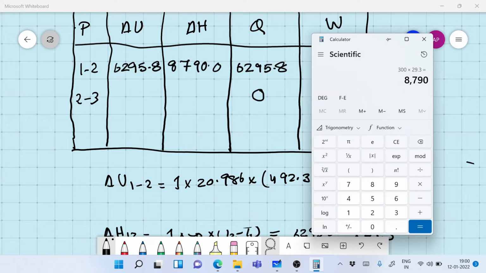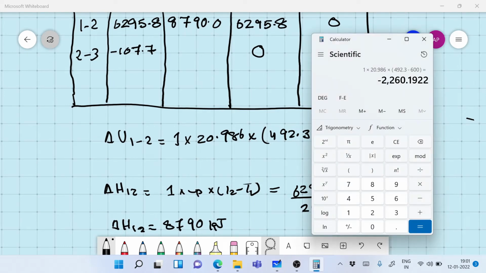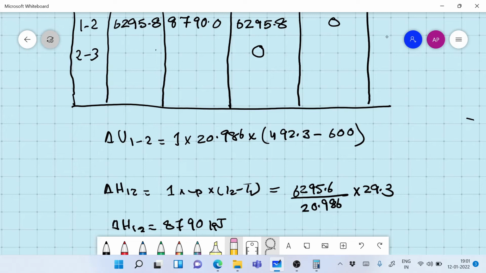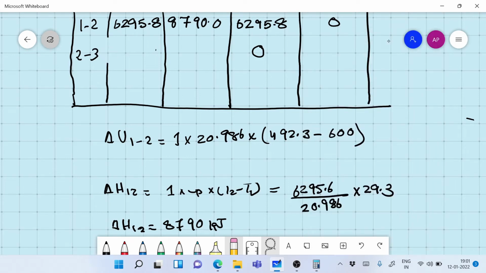So that makes it minus 107.7 times 20.986, which is, my bad, minus 2260.19.